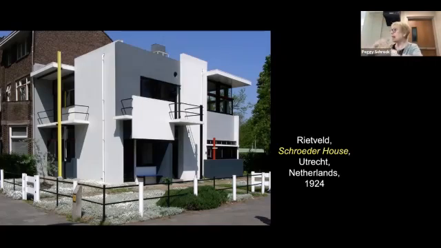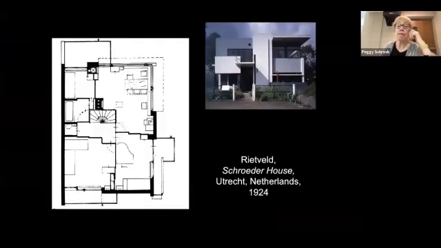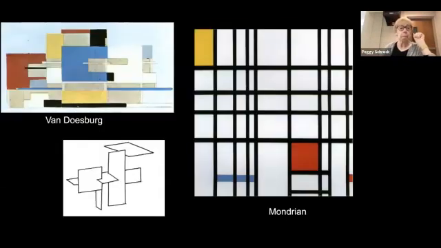Again, this is like the playing card house. And he's doing everything he can to emphasize the flatness of the planes as opposed to the mass of the walls. The bits of vertical color, primary colors, are what we would expect in anything in the De Stijl style.